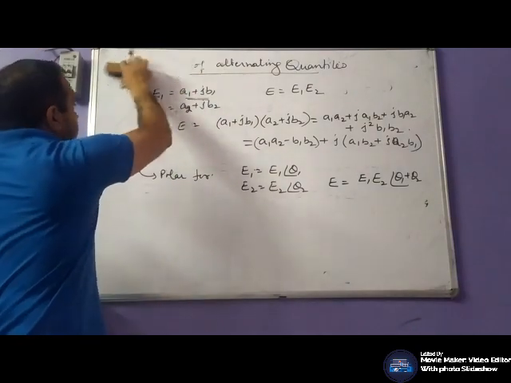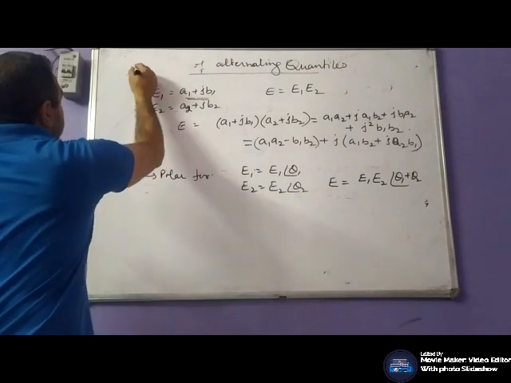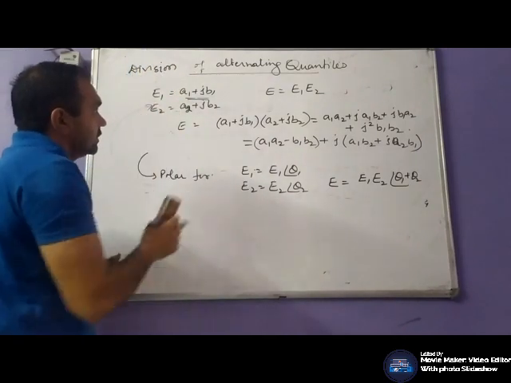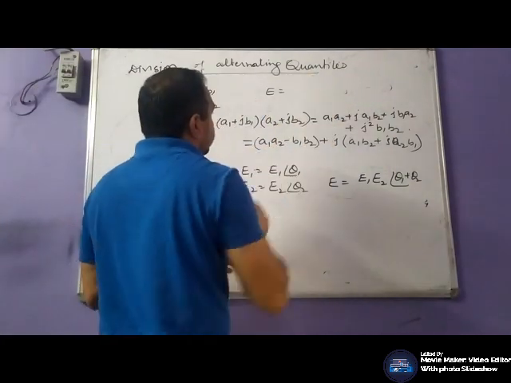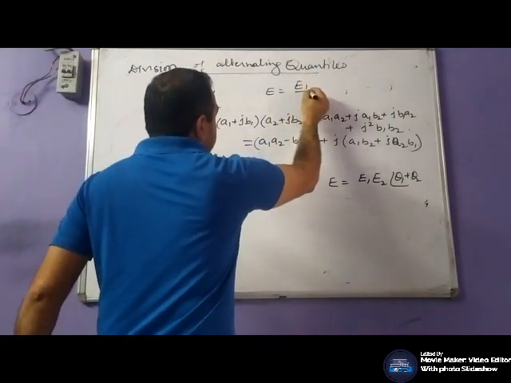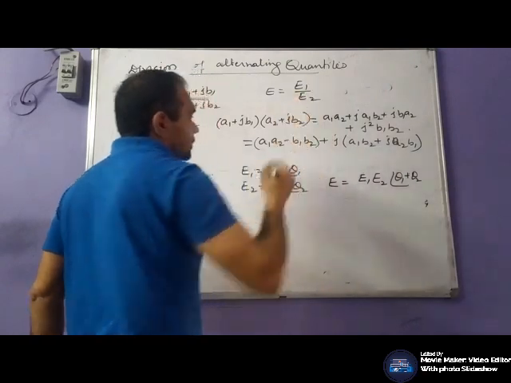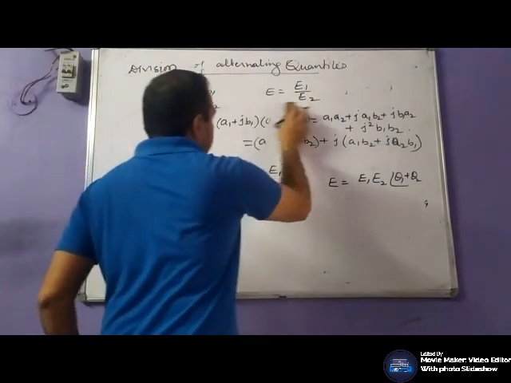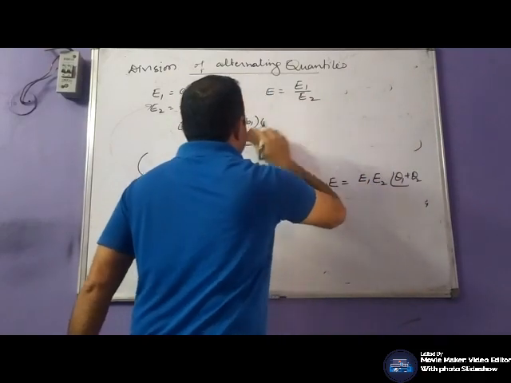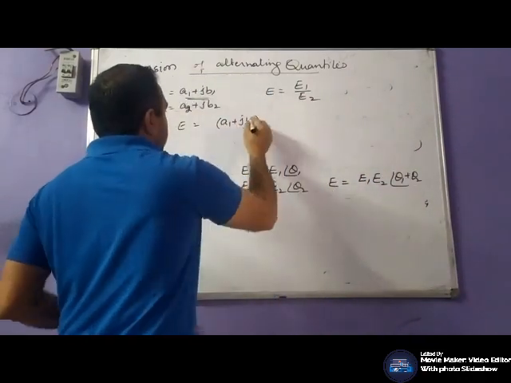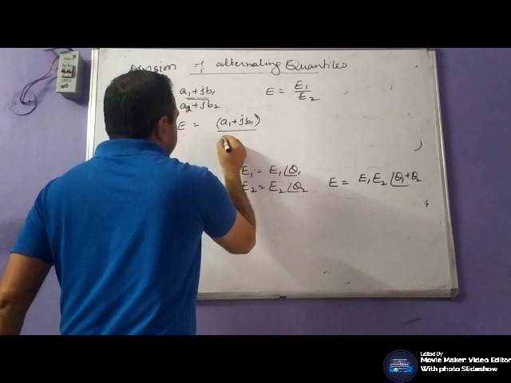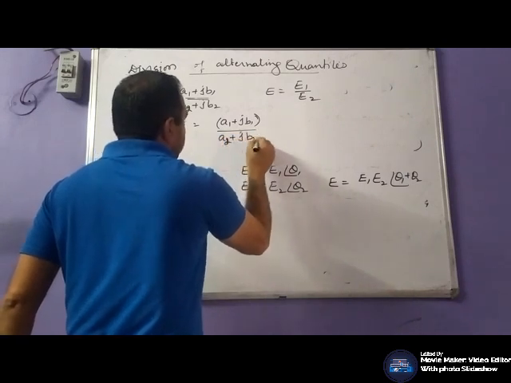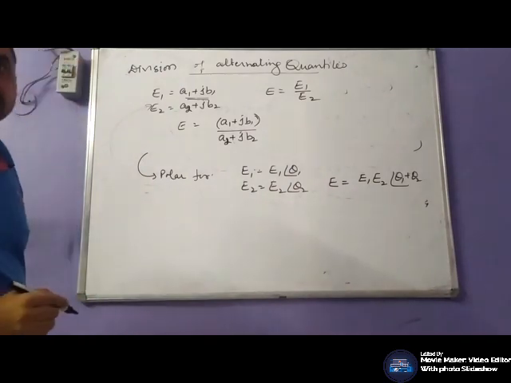Division: E1 by E2. In case of rectangular form, we have to rationalize them.